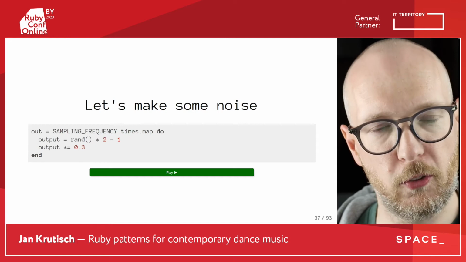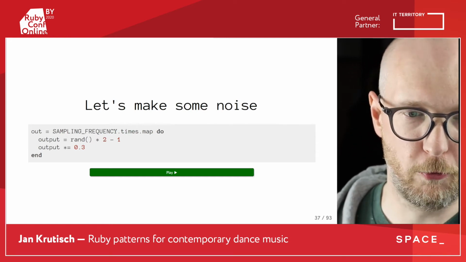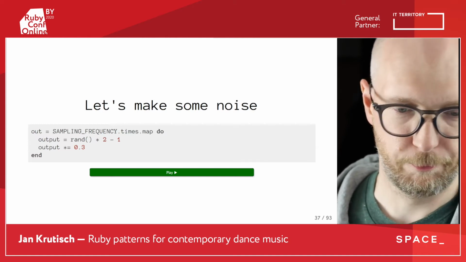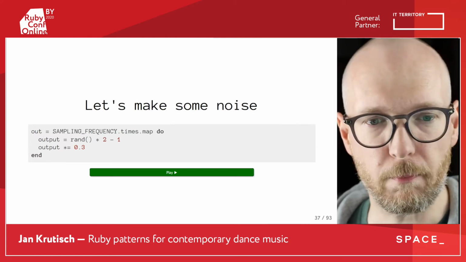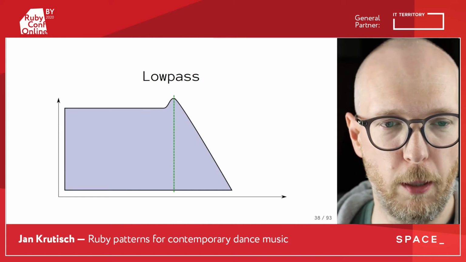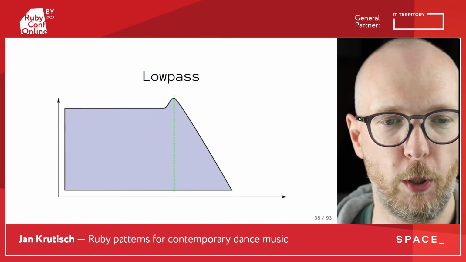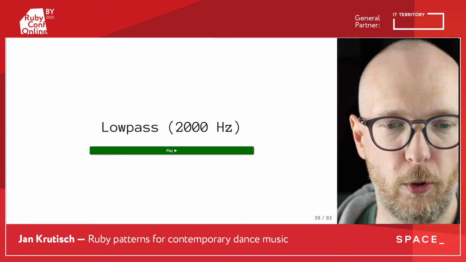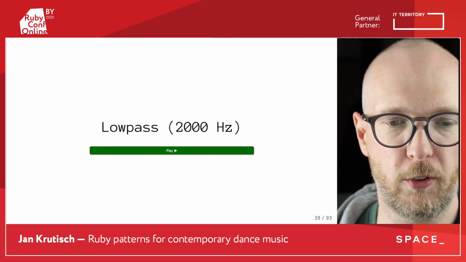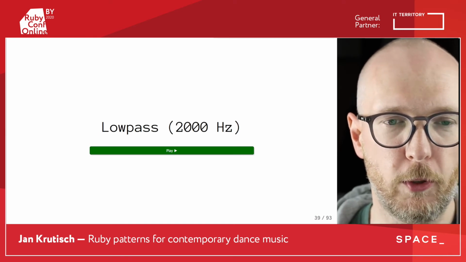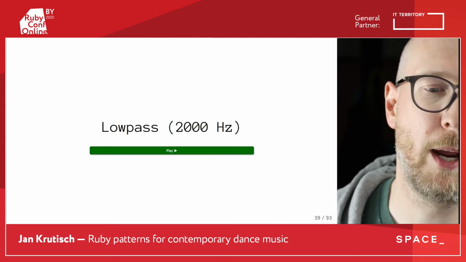The characteristic of white noise is that it contains all the frequencies at the same volume. If we apply a low pass to that, which should only let through the low frequencies, at 2000 Hertz, it sounds like this. You can see the frequency response of that filter in that graph.